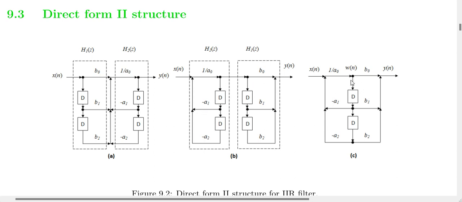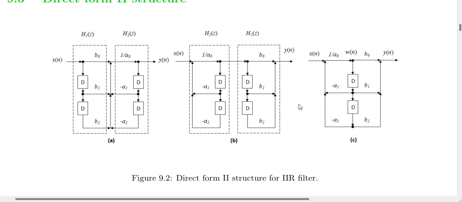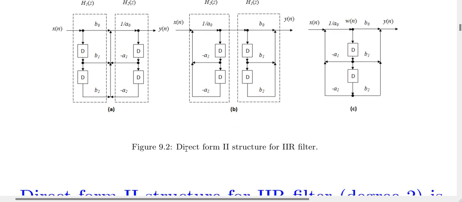It can be summarized as two delays, minus A1, plus B1, minus A2, and plus B2. Now, an intermediate variable has just appeared, which is denoted as w of n. Okay? The structure is called direct form 2 for an IIR filter.